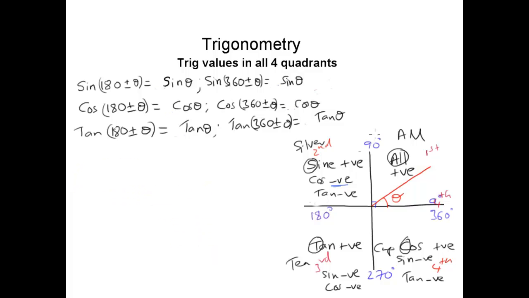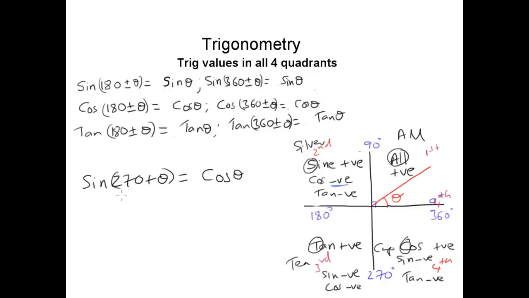Now let's see what happens if I don't use 180 or 360 but instead use 270 or 90. So here are the formulas. What happens if I use 270 or 90? Say if I use sine 270 plus theta, this is actually cos theta.